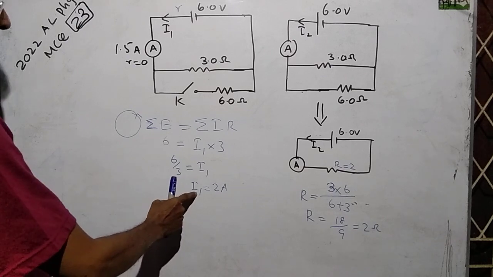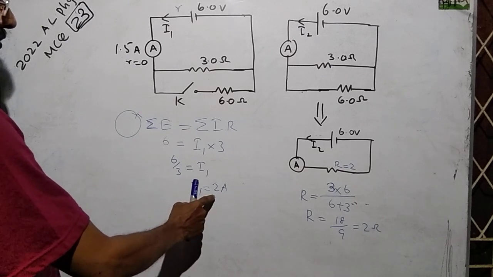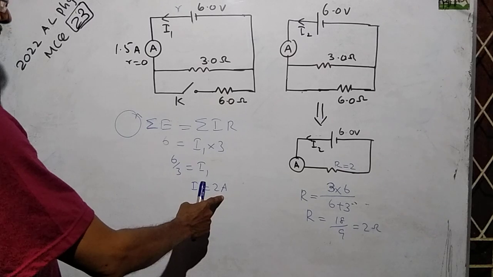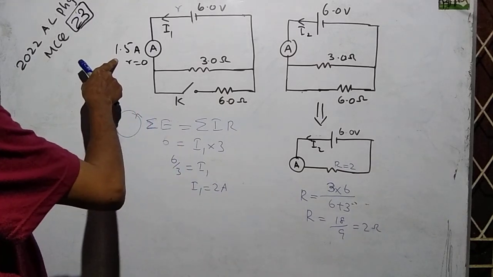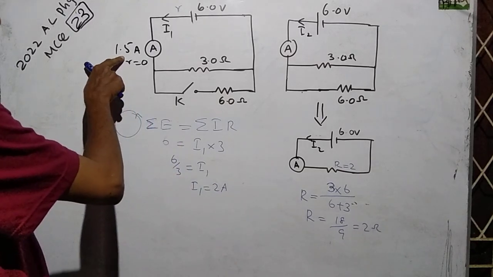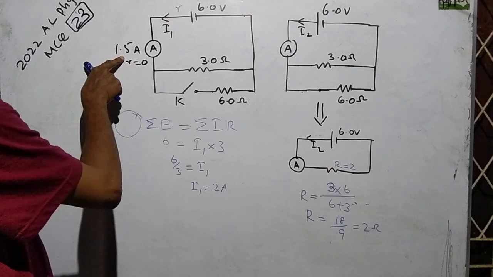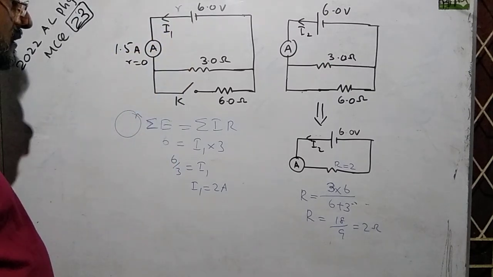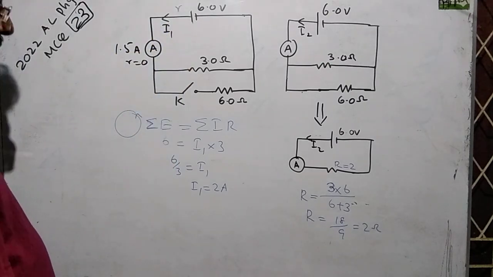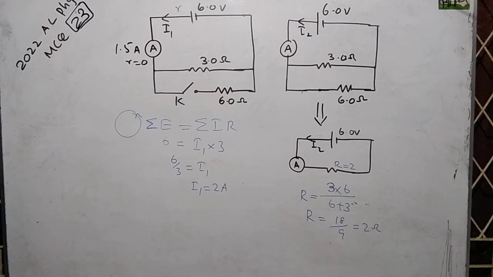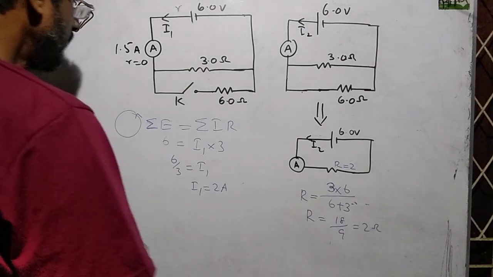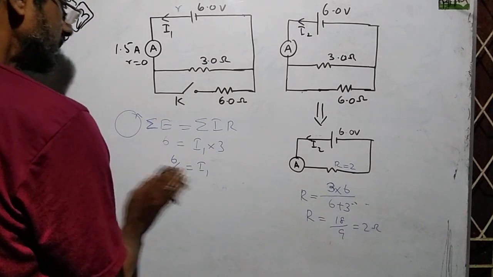Because if there is no internal resistance, I1 should be 2 ampere. But in this case I1 is 1.5 ampere. That means there should be an internal resistance. Definitely there is an internal resistance. Now I consider with internal resistance.